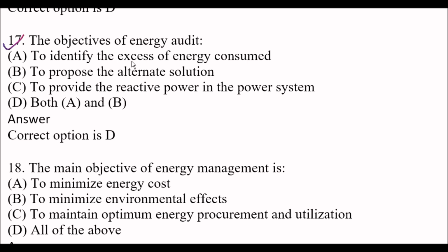Option D, both A and B. Right answer is option D, both A and B. Okay. So the objective of energy audit is to identify the excess of energy consumed as well as to propose the alternate solution. Okay.